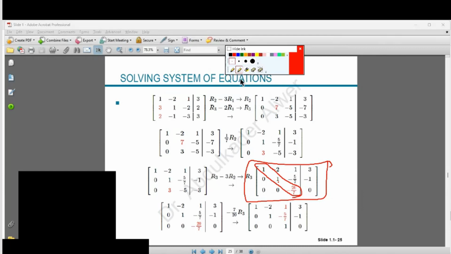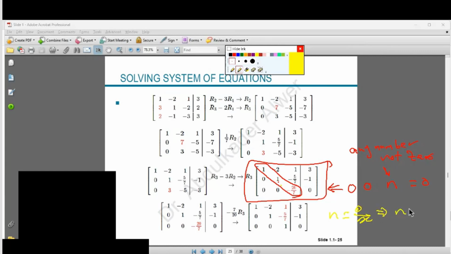So let's discuss this case, especially for the last row. I have here 0, 0, n equals 0. In here, any number not 0. So 0, 0, n equals 0, that means x equals 0 over this number.